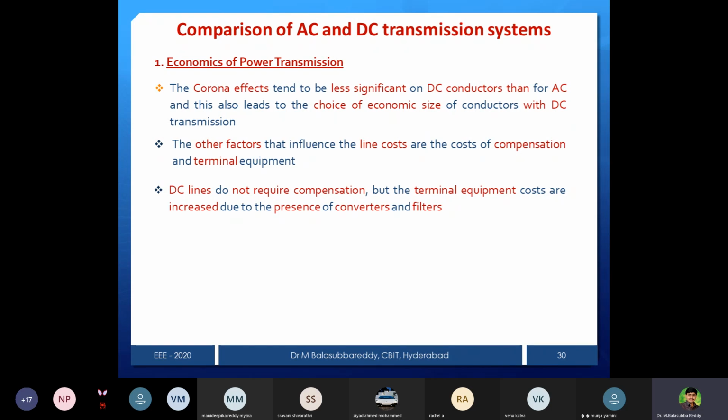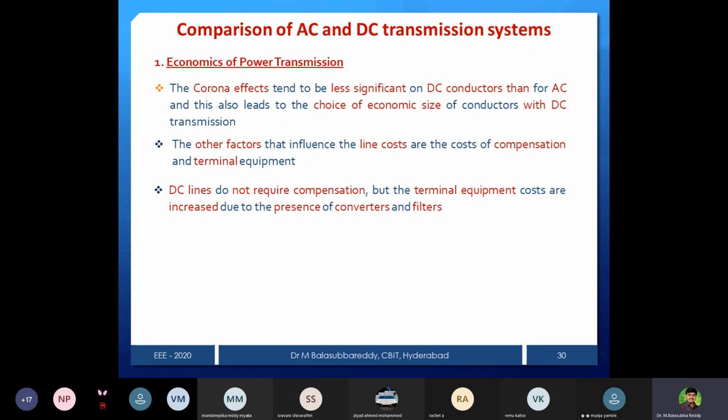Whether it is a nominal load or over or under, based on that the line has to absorb or generate reactive power, and to neutralize that we need reactive power compensation using FACTS devices and so on. Whereas a DC line does not require compensation; it occurs only in an AC line.